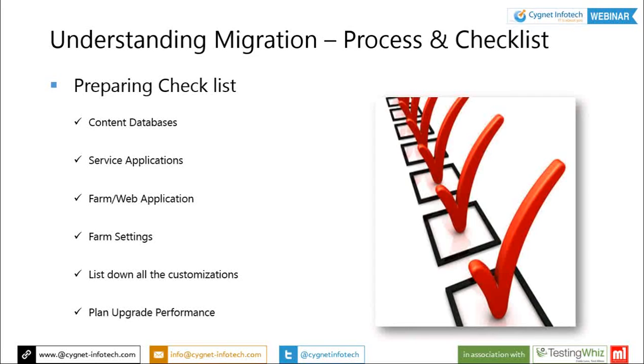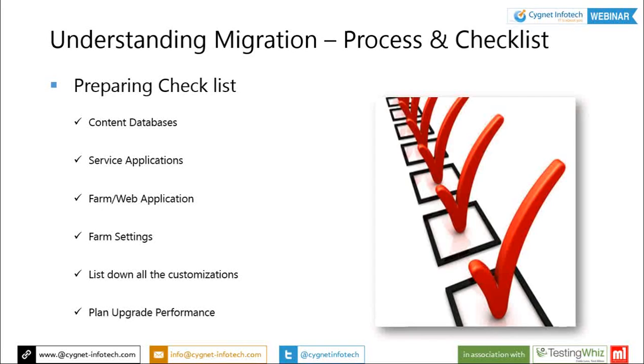List down all the customizations which you have applied so far in terms of your features, solutions, site templates, list templates, workflows, and obviously the custom workflows which you have developed with Visual Studio. After that you also need to plan your upgrade performance, like after putting in some amount of hardware resources such as RAM, CPUs, CPU cores, if you are having virtual environments.